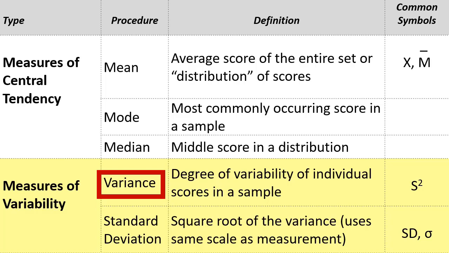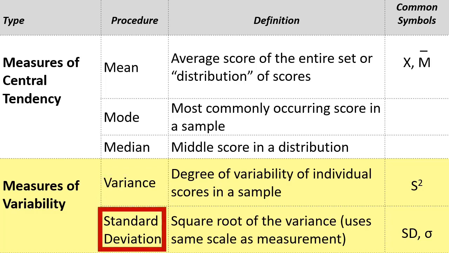And variance refers to the degree of variability of individual scores in your sample, and again, a common symbol for that is s squared. That's variance, and then standard deviation is the square root of the variance, often symbolized by SD or by the Greek symbol sigma.